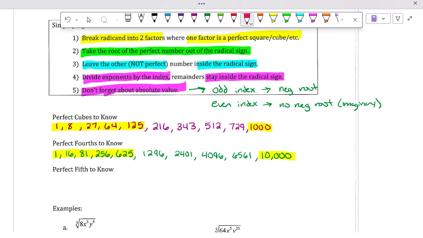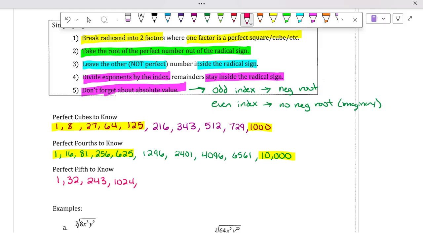Perfect fifths, I would at least know up till, again, 5. So 1 to the 5th is 1, 2 to the 5th is 32, 3 to the 5th is, pretty sure it's, yep, 243. 4 to the 5th is 1024.